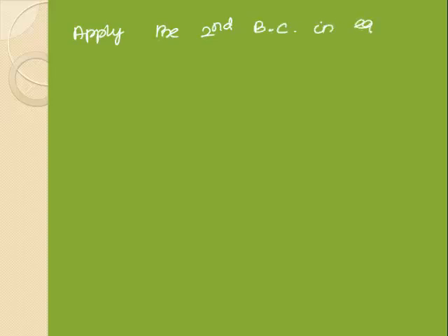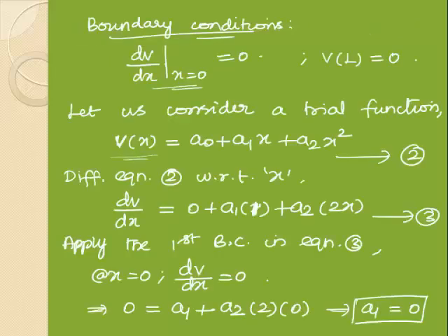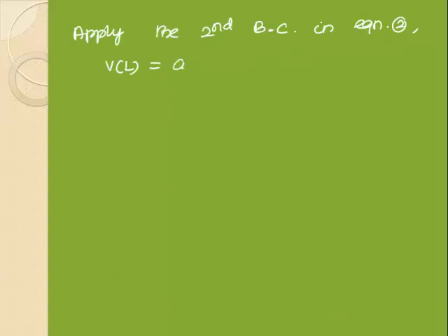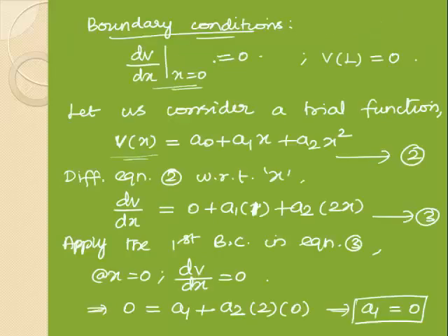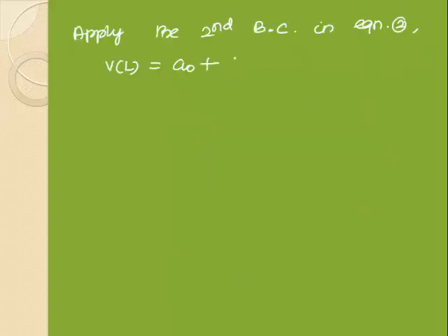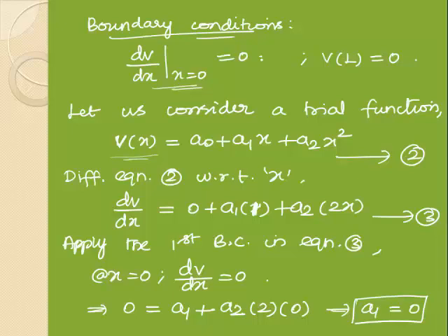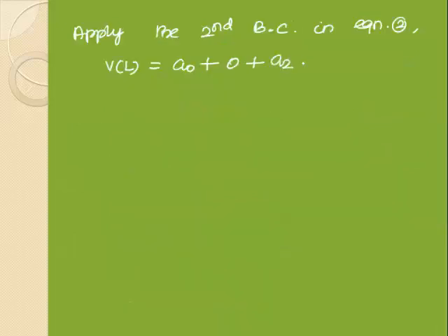in equation 2. So v of L is equal to a0, which is not equal to 0, plus a1x. We have already found in the previous step that a1 is equal to 0, plus a2x square. So a2 into, instead of x, we have to substitute L. Okay, so that is equal to 0.